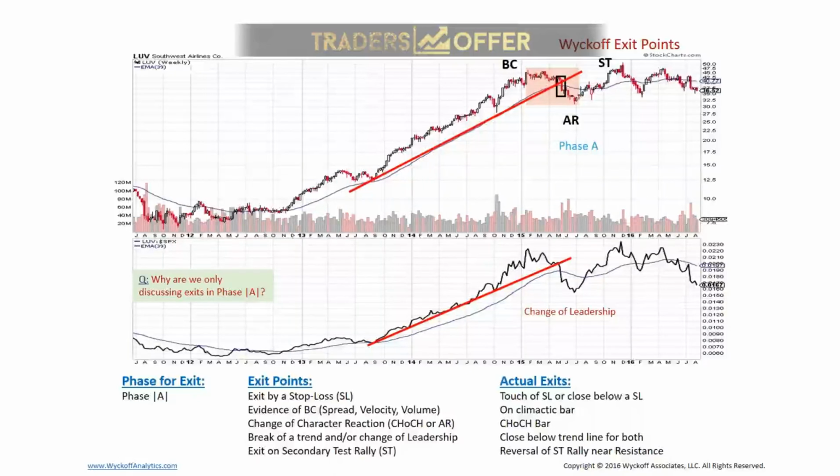So for instance, let's say that we are somewhere here. Here is the reversal bar relative to the last significant bar that we had on the upside. But look at how many bars we have in between.